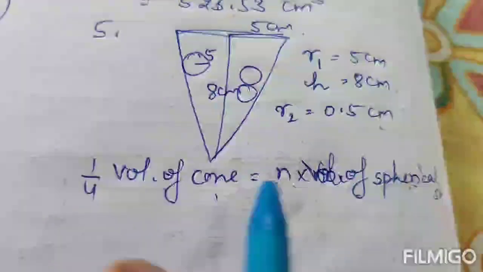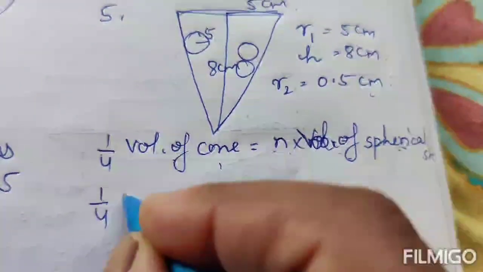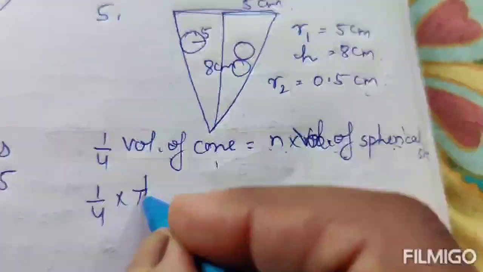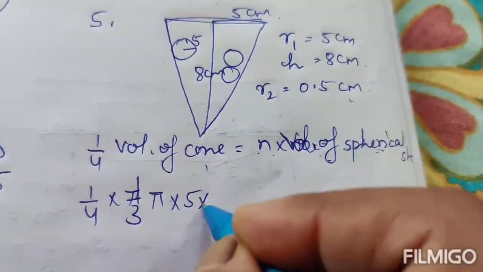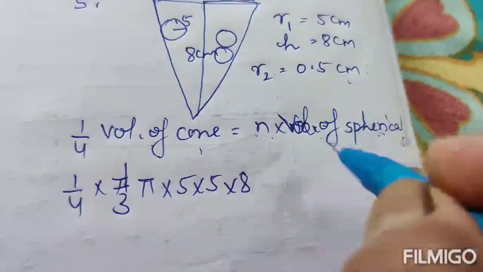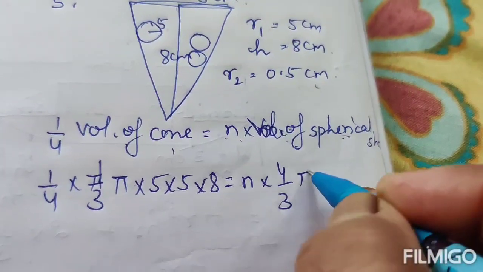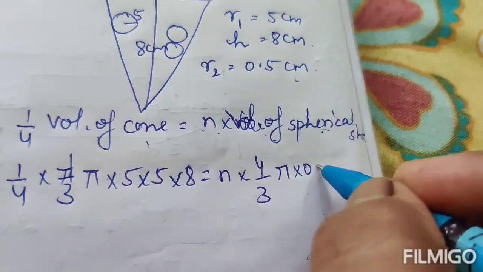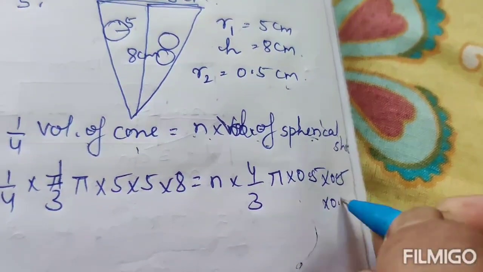The 1/4 volume of cone is 1/3 pi r square, means 5 into 5 into h, and here n into 4/3 pi r cube. R cube means 0.5 into 0.5 into 0.5.